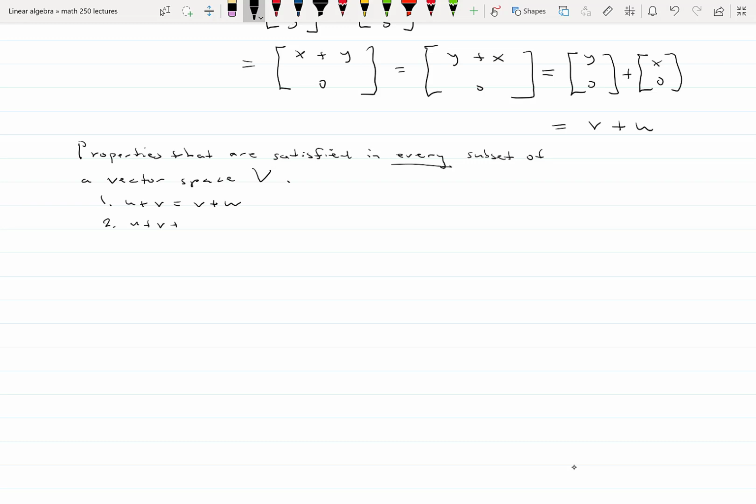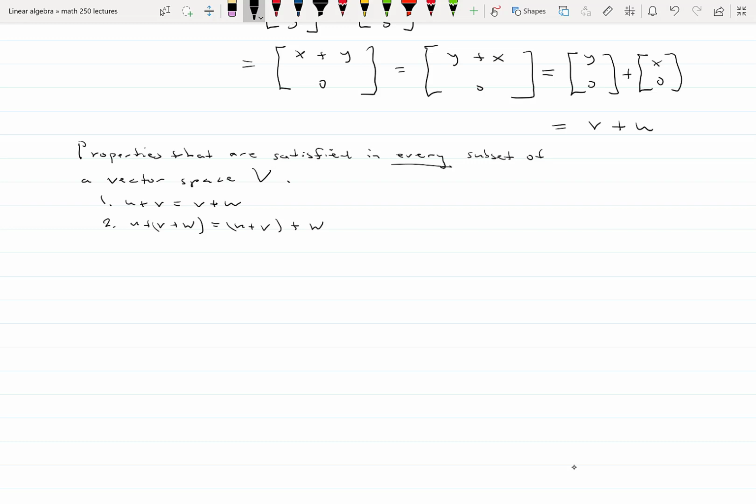Property 2 is true everywhere in a vector space, in every subset of a vector space. You can add 3 elements in any order you want. We have the associative property of addition. This holds everywhere in the vector space V.